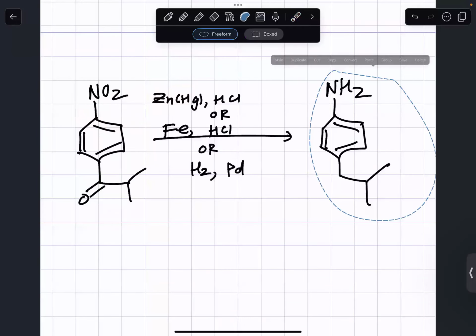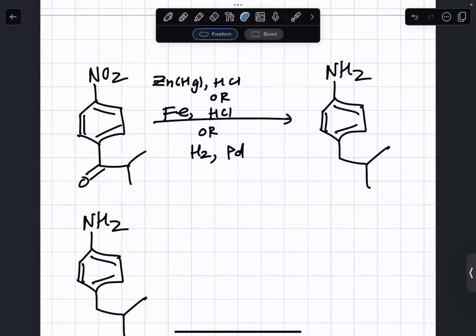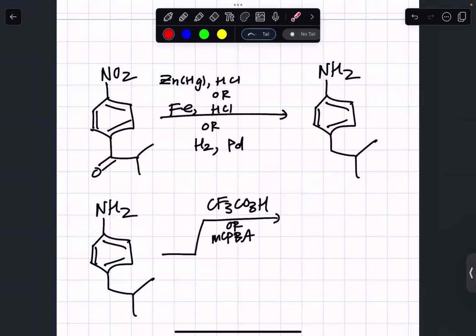So now, let's say that you want to get back to the NO2 or the carbonyl. This is going to be more selective, right? If you want your NO2 back, you're going to use CF3CO3H or mCPBA. Most likely this, because I've seen more of that in Lievens class, that's going to convert the NH2 back into the NO2.